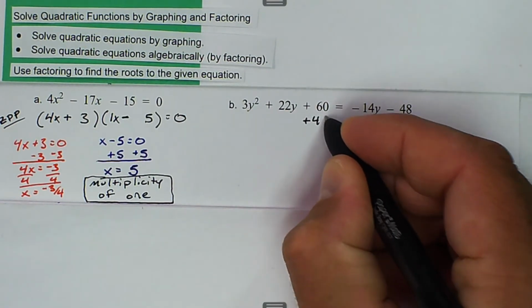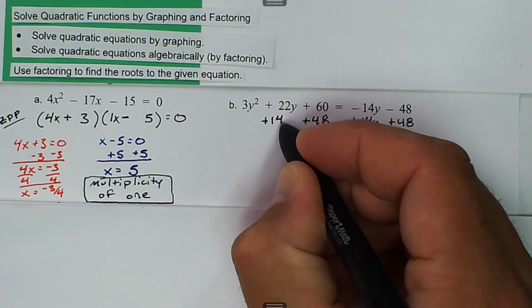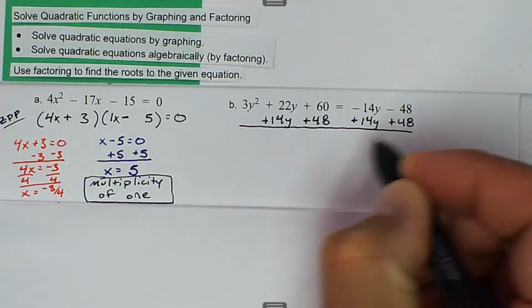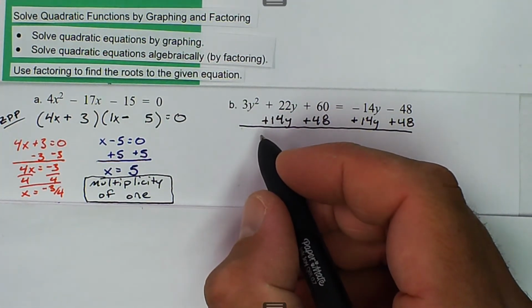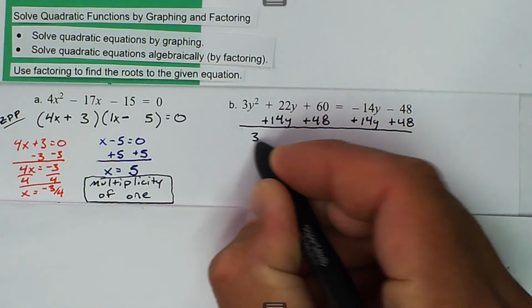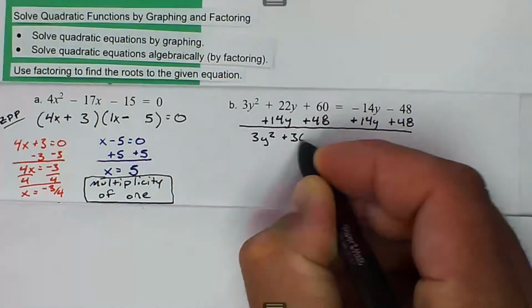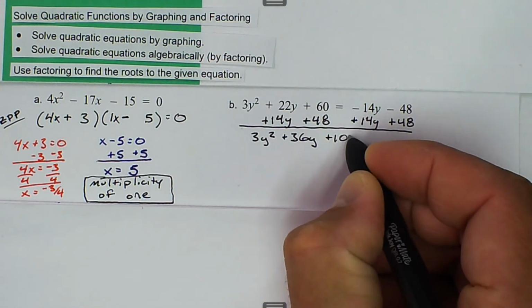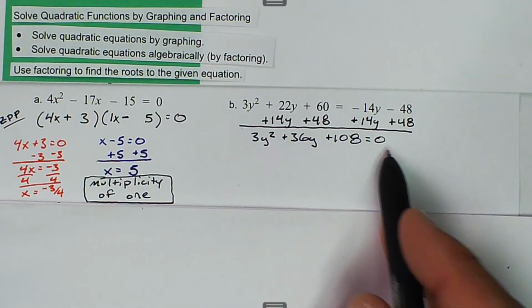So I'm going to add the constant to the constant, and I'm going to add the y term to the y term. What we get when we add those together is 3y squared plus 36y plus 108, and that is equal to 0.